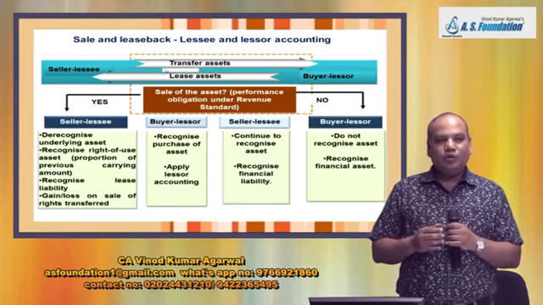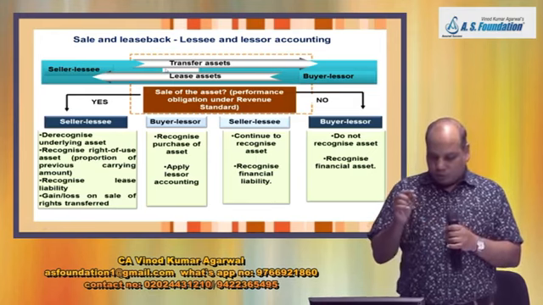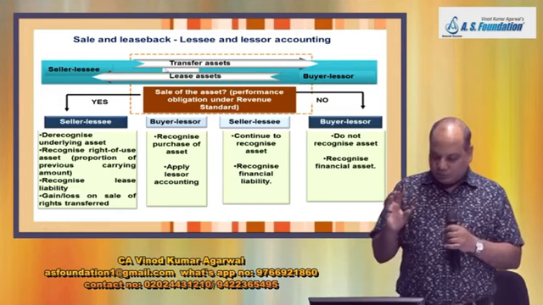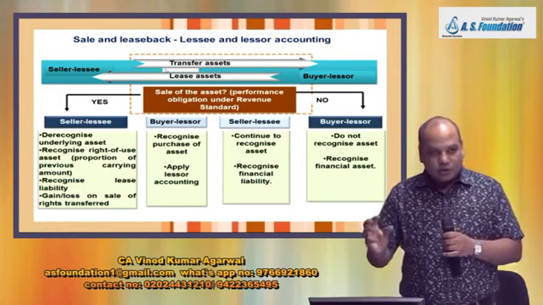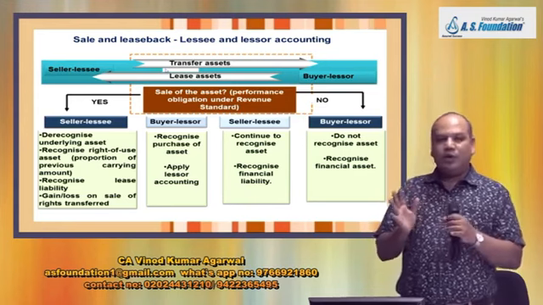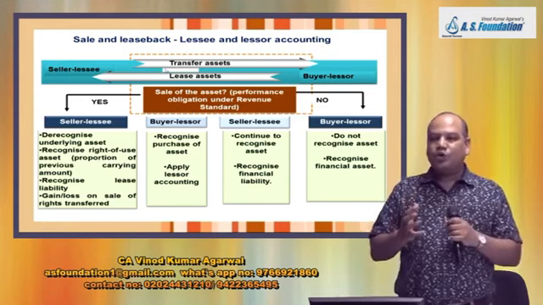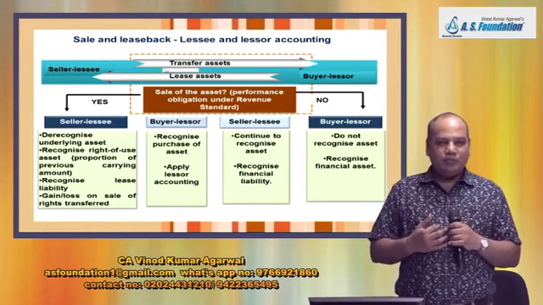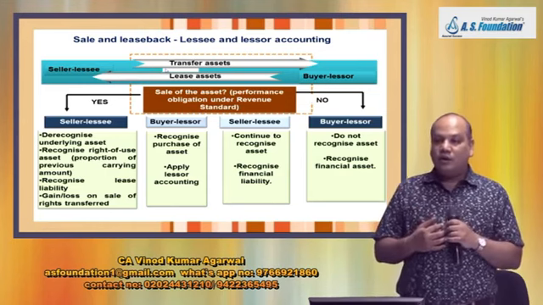So the portion that you have retained will be called right of use asset, and it will be calculated as a proportion of my carrying amount, depending upon how much proportion we have retained.